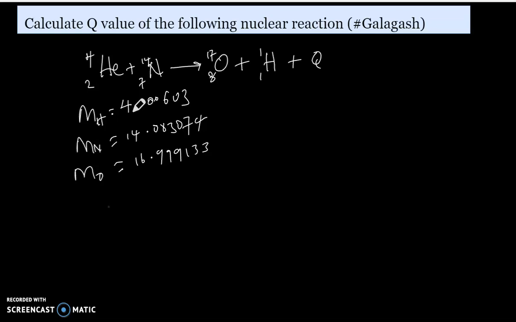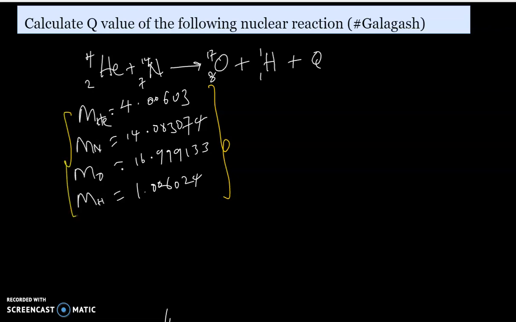These numbers are constant. And the mass of hydrogen you will have to be 1.006024. So all these numbers will be given as constants, and you need them to calculate the Q value of this reaction.